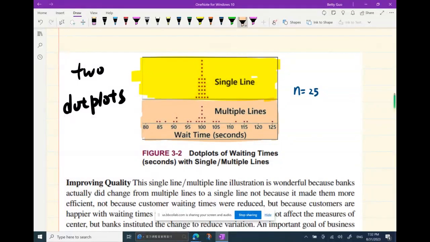There's one line. And the orange one on the bottom also has 25 participants. In this case, the researcher recorded their waiting time when they are waiting in multiple lines.